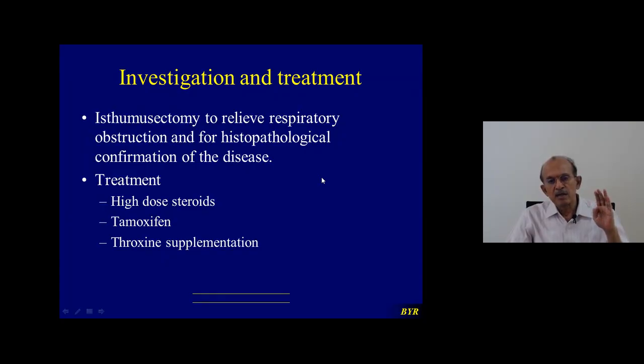The deep fascia of the neck includes the sternomastoid muscle also. It includes the trapezius muscle also. So in block dissection, you remove the investing layer of deep fascia of the neck on one side along with the sternomastoid. You remove the carotid sheath, which is intimately adherent to the jugular vein.